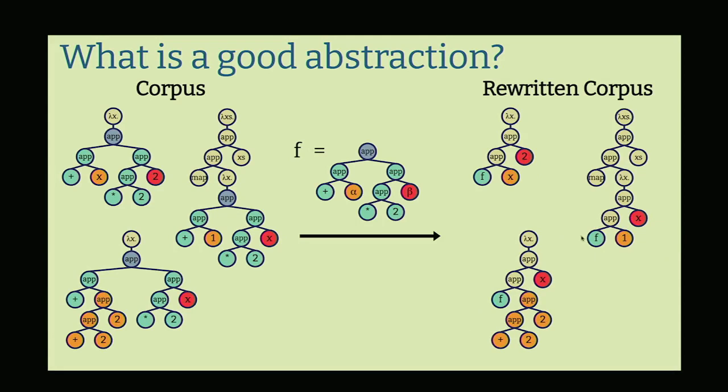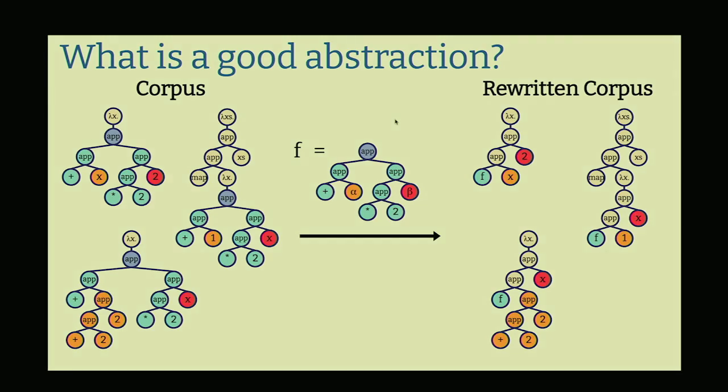So what we actually do, well, first off, in terms of our utility metric, we actually include the size of this function f in the set of rewritten programs. So really, we're looking at the initial corpus versus the rewritten corpus plus the size of the library itself.